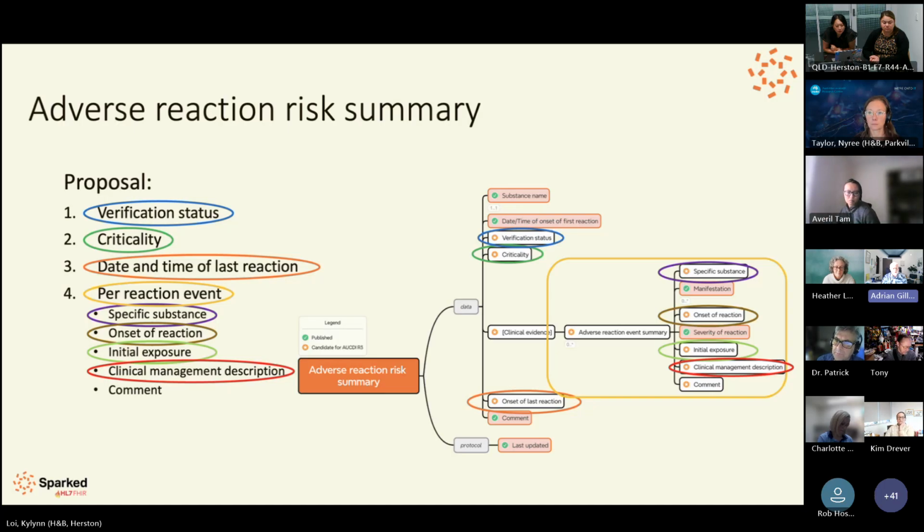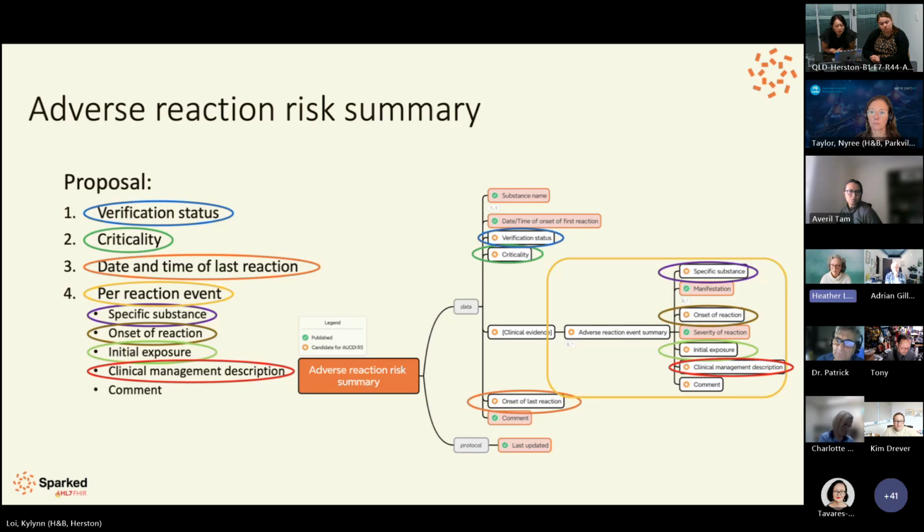What do we do in that situation where there may be multiple substances that have caused the reaction, but we don't know which one it was? What would you normally do at the moment? At the moment, I'd put in an allergy, I'd say anaphylaxis, and I would put a comment field as to the number of possible things that could have caused it based on the history.